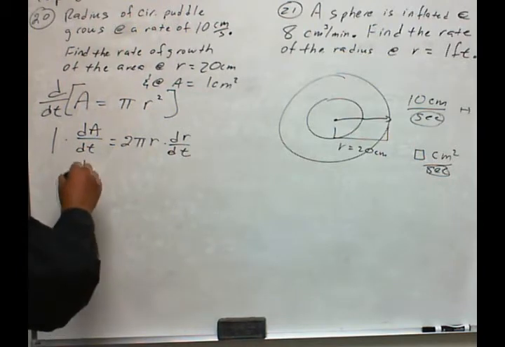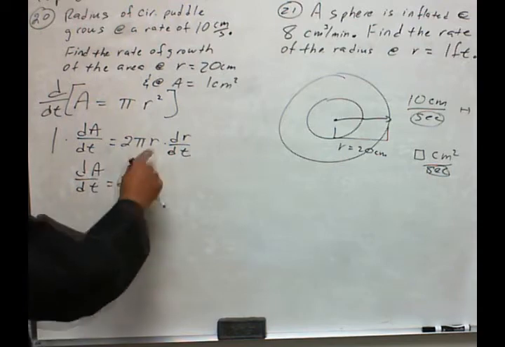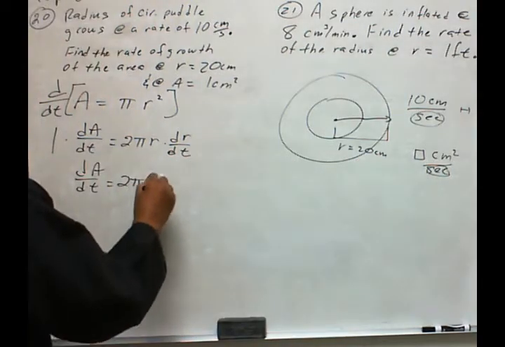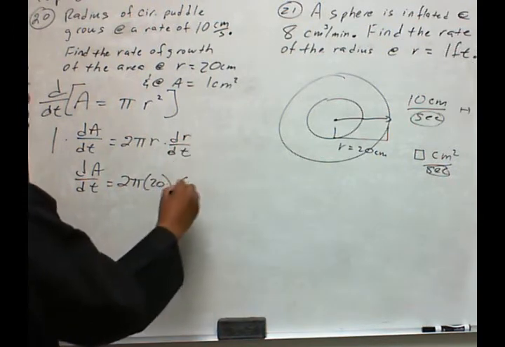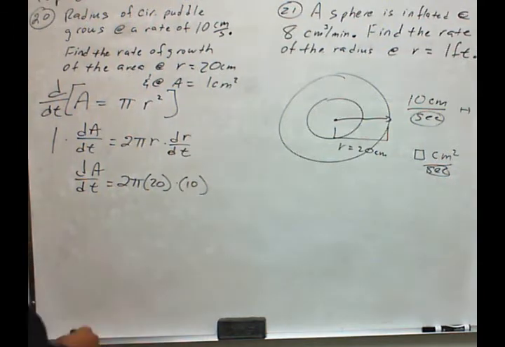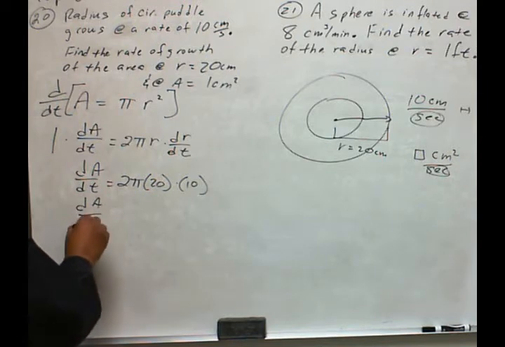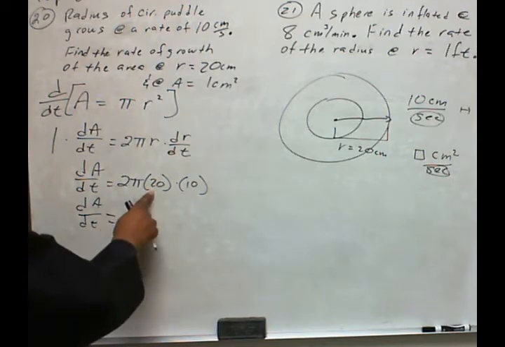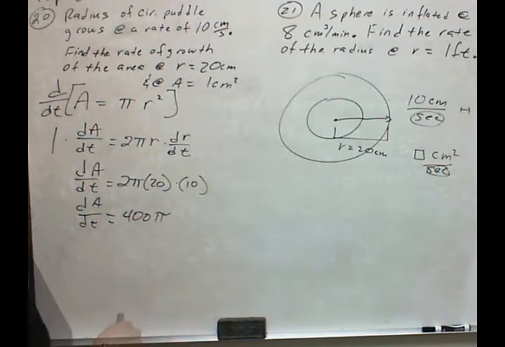So we're looking for my dA over dt, 20 pi. The r, we're told, is 20 centimeters. And the rate of change for the r per time is 10. Okay, so let's put all that together. We have basically 40 times 10, which is 400 times pi.